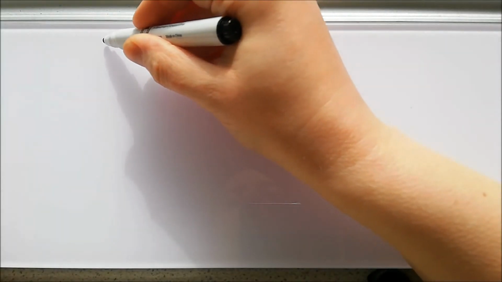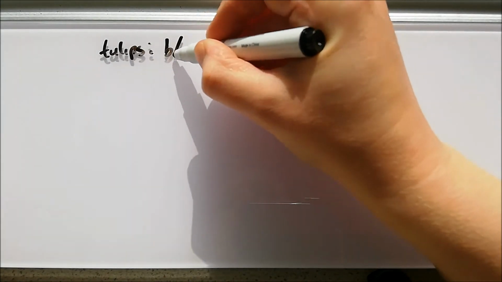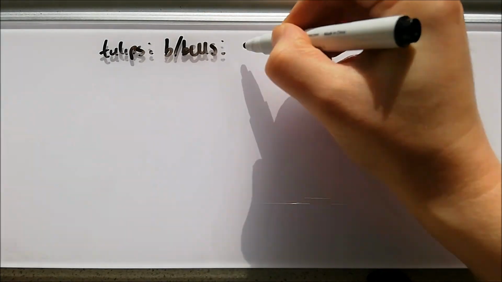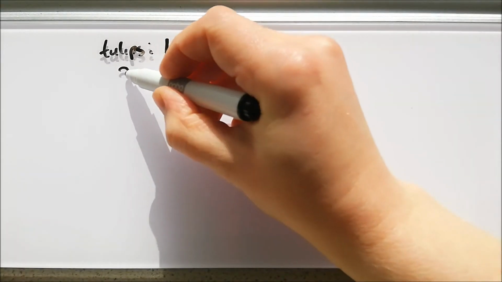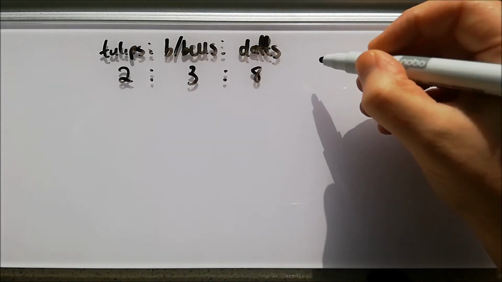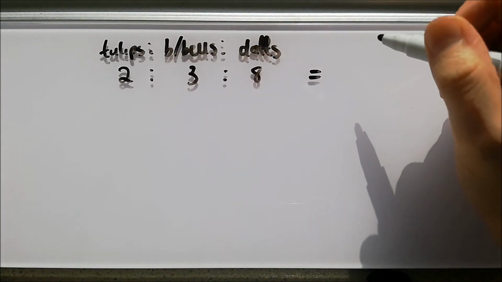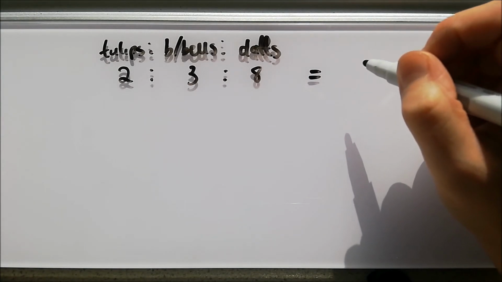We would still put tulips, bluebells and daffodils, and we would still put 2 to 3 to 8. Now this time we're going to have to take it in 2 separate parts.